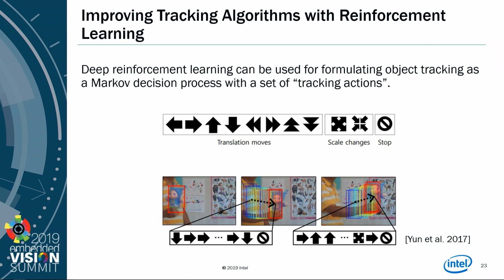The second, more interesting approach is formulating the object tracking problem as a reinforcement learning problem. In reinforcement learning, we assume that there are some basic rules of play or basic rules of actions. In the tracking approach, we can define a very concrete set of actions for reinforcement learning. We can define translational movement, and we can also add scale movement, rotational movement, or maybe a stop as one of the possible actions for the trackers.